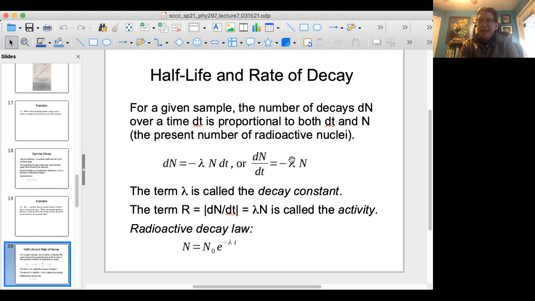From this, you get the radioactive decay law. You do some integration, and N is equal to N naught, the number of radioactive nuclei at t equals 0, times e to the negative lambda t.